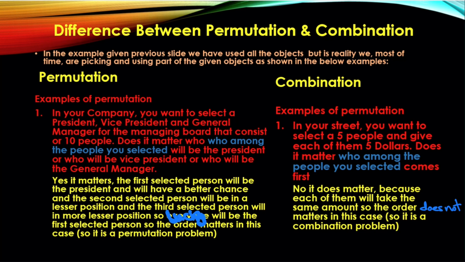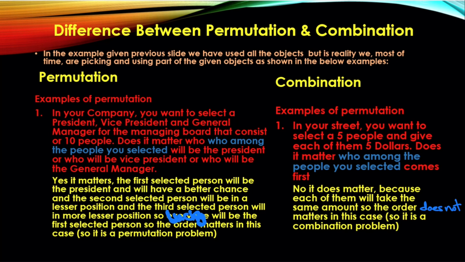Are they equal? Does it matter if you select the first one as president, second one as vice president, or third one as general manager? Anyone will become angry. There's a difference. Everyone will be looking for the president position.